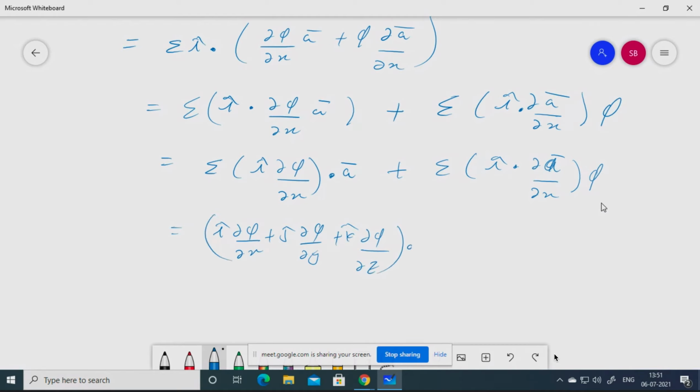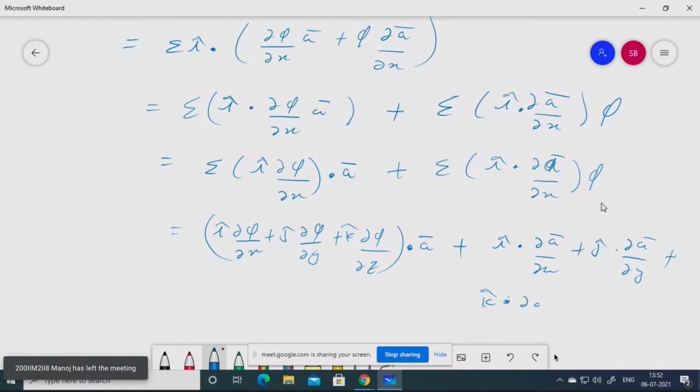This whole thing dot A bar, plus again, this will be i dot ∂A bar by ∂x plus j dot ∂A bar by ∂y plus k dot ∂A bar by ∂z into phi.